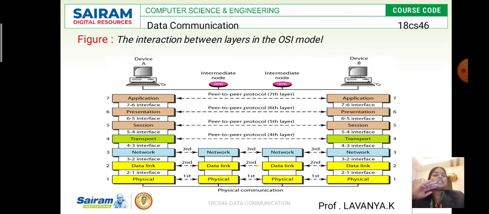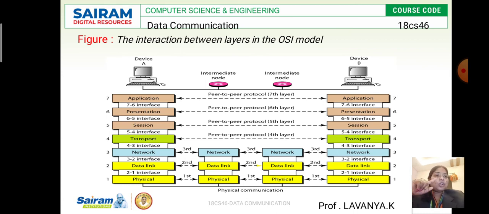This is the second pictorial representation of the OSI model. It shows the interactions between the sender and receiver side. Look at this diagram: device A is the sender part, and device B is the receiver part.